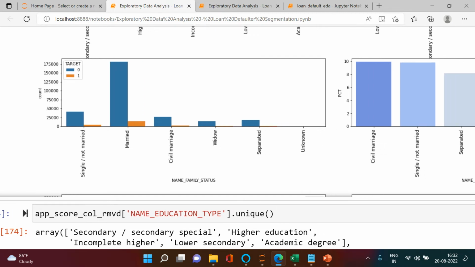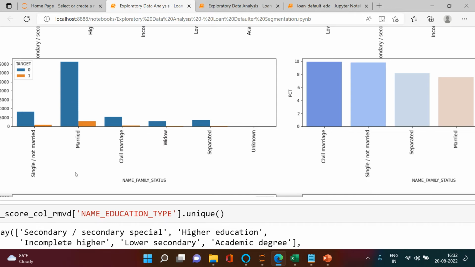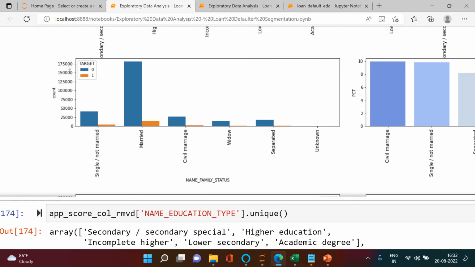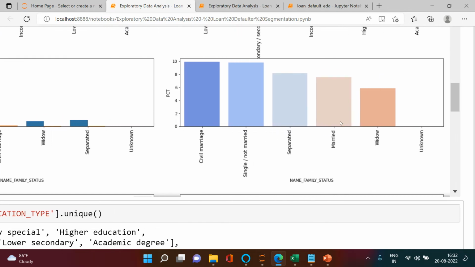Let's have a look at the married segment. Married segment has been given the most of the loans, which is approximately 175,000, but the default rate is somewhere 8%.